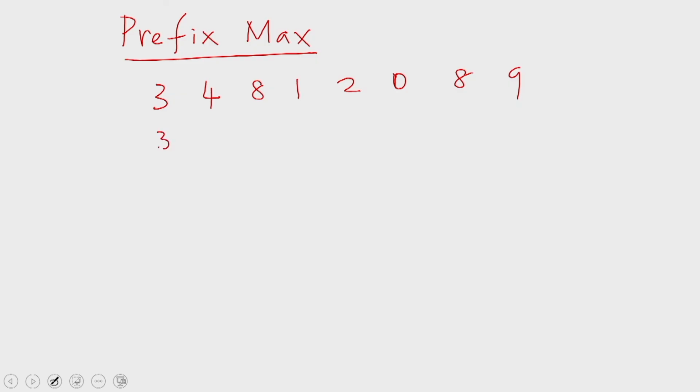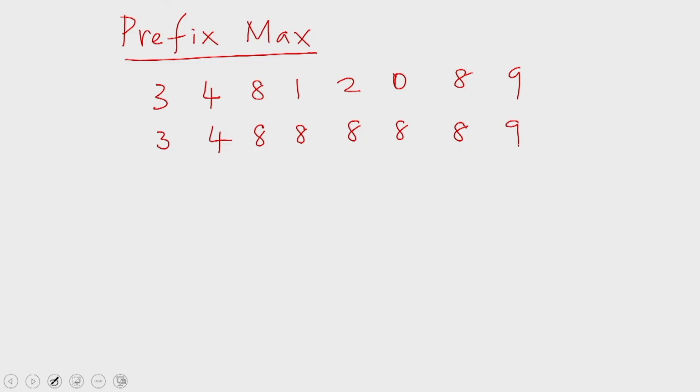So, at the first position 3 is the largest element you have seen till then, at the second position it is 4, at the third position it is 8, at the fourth position it is the largest of the first 4 elements, which is 8, here again it is 8, here again it is 8, here again it is 8, at the final position it is 9, 9 happens to be the largest.